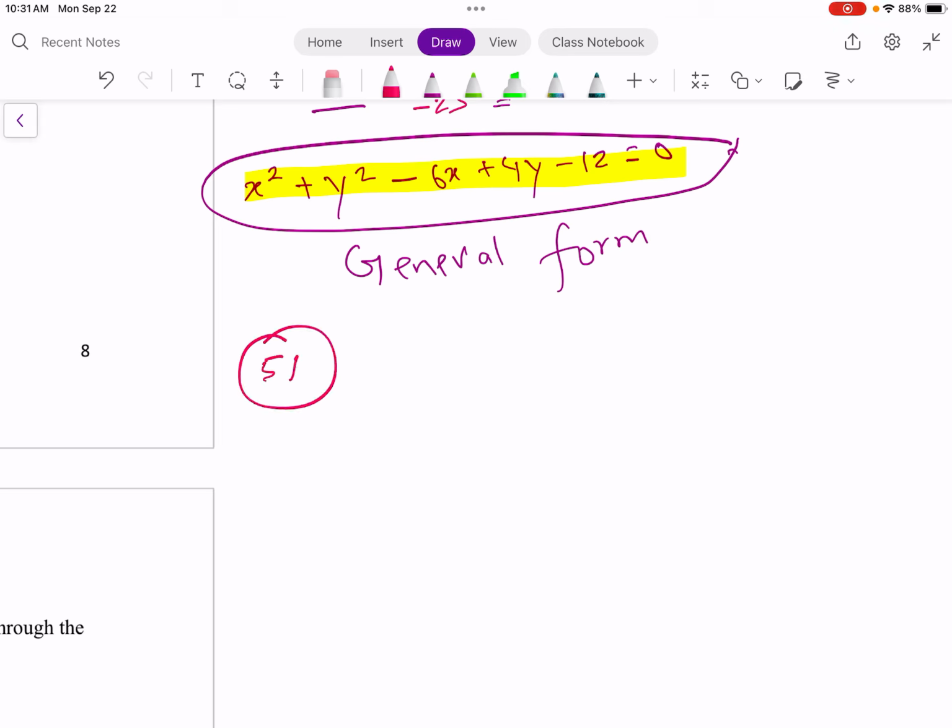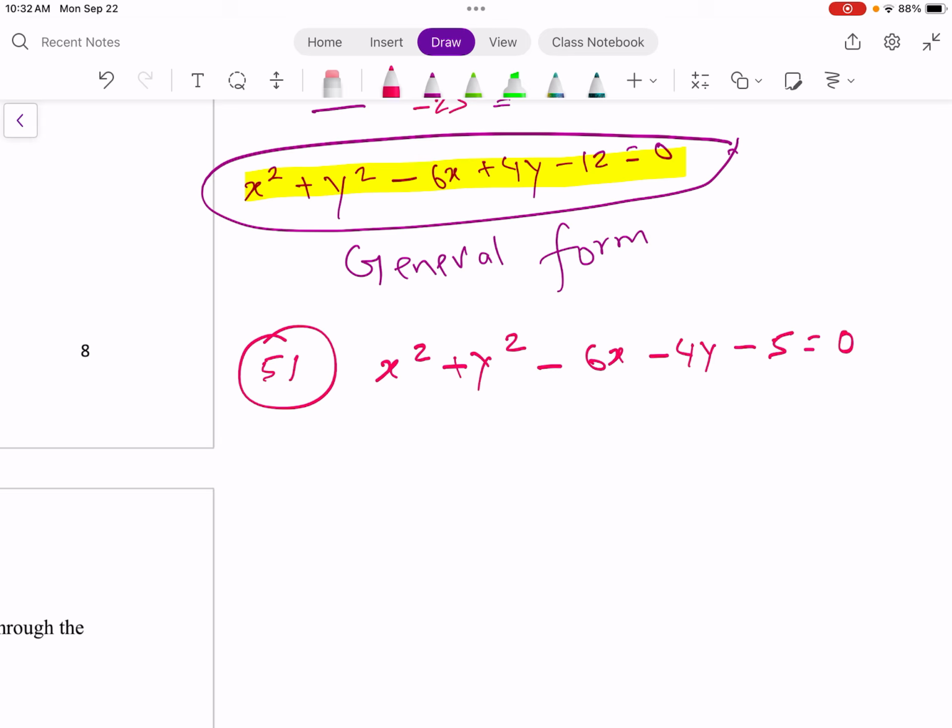We have the general equation x square plus y square minus 6x minus 4y minus 5 equals to 0. So this is the equation of a circle in general form. Now we are rewriting this general form in a standard form and finding the center and the radius.